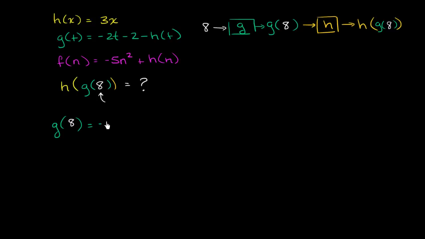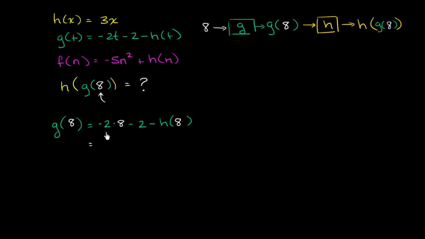So it's going to be negative 2 times 8, minus 2, minus, and this might be a little daunting, but let's just replace this t with an 8 and see if we can make sense of it: h of 8. Notice, to evaluate g of 8, all we did is everywhere we saw a t, we replaced it with the input 8.